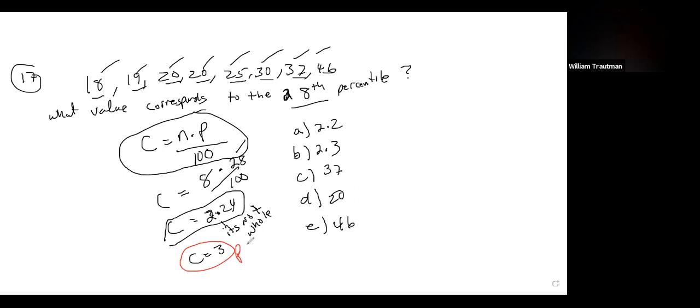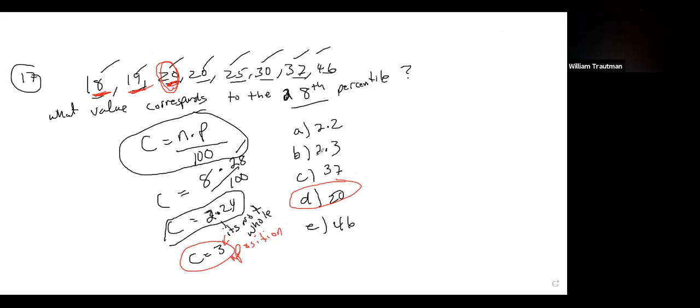This is the position of that number, so they have to be in order. 1, 2, 3. This is the answer, 20. Thank you, Michael. Do you see, this tells you the position of the number when they're in order from smallest to largest. 3 is the position.